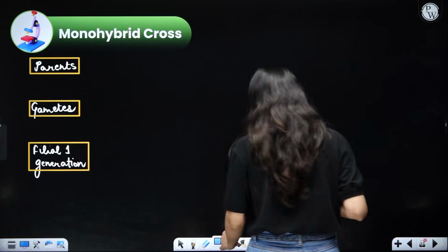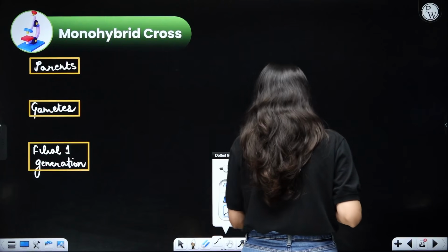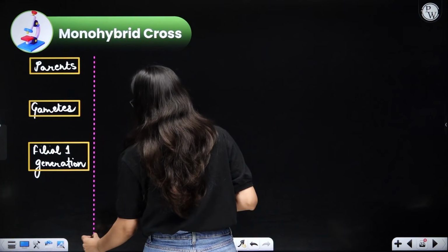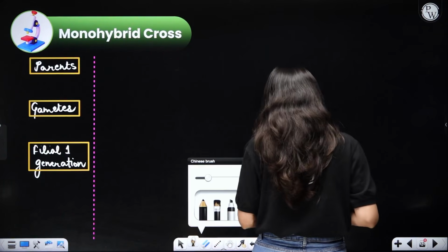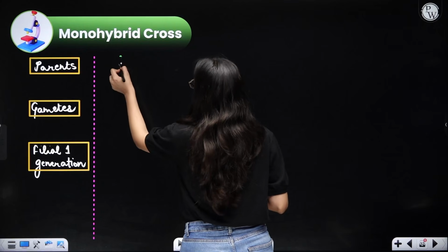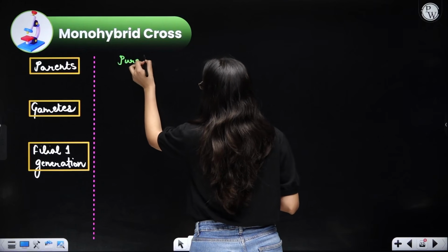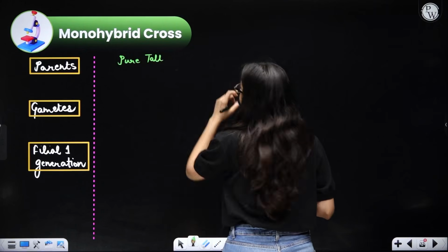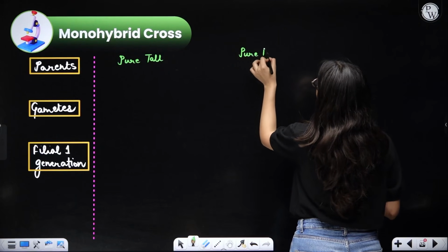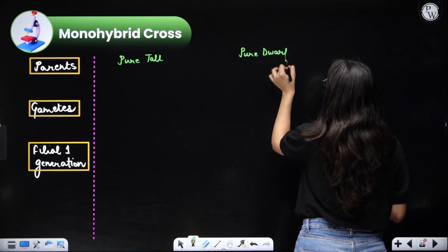Now talking about the parents, when the first generation of parents was taken, again in a monohybrid cross only one particular character has to be studied over here. So for the first generation, Mendel chose a pure tall parent, and the other one was a pure dwarf parent. Pure tall and pure dwarf. Now think about the genotype.